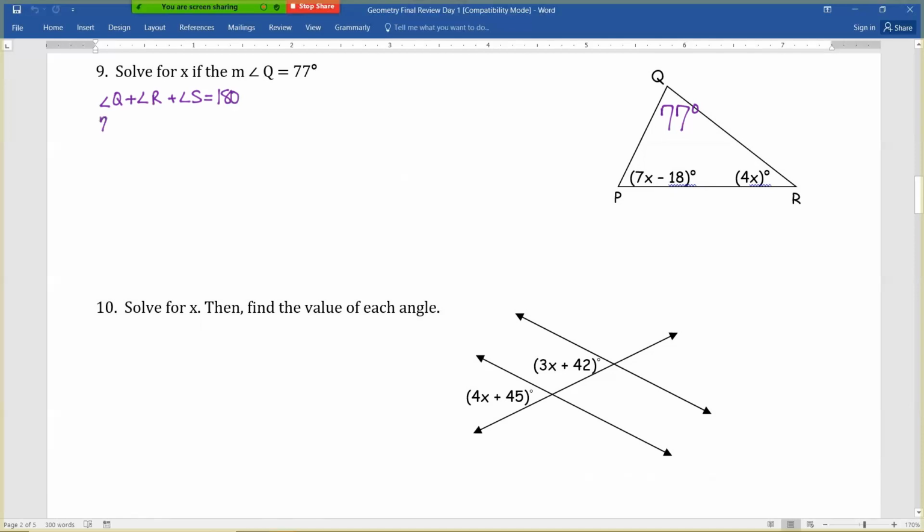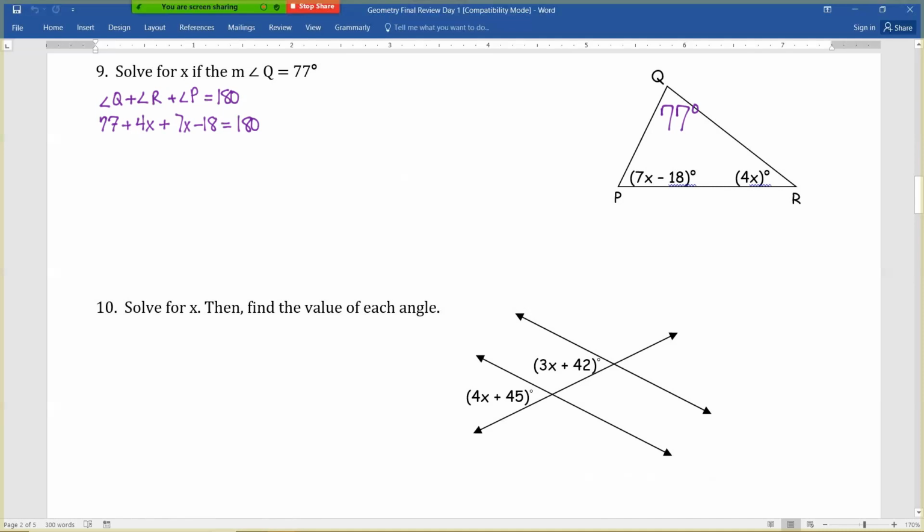Angle Q is 77 degrees plus angle R is 4x plus angle P equals 7x minus 18, and all of those added together have to equal 180.